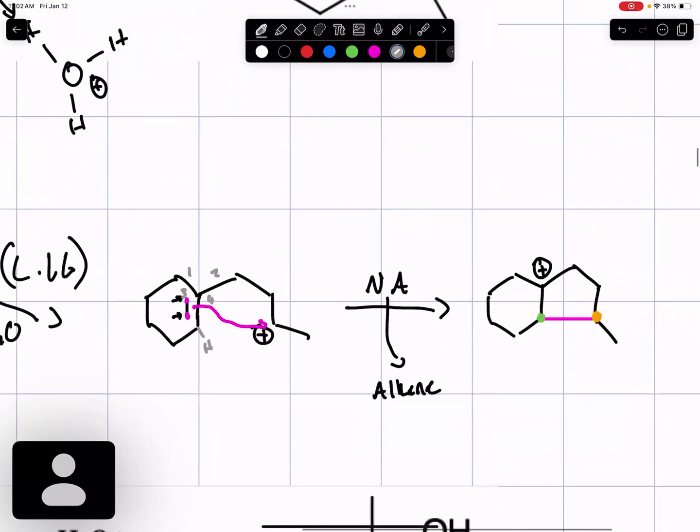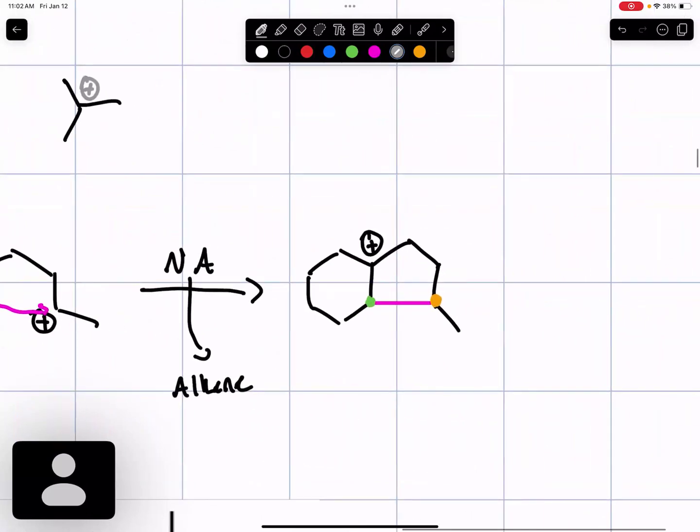Think about it in an alkene sense. Does this carbon in gray have any implied hydrogens? No. No, exactly. And once it loses that pi bond, so it didn't have any implied hydrogens to begin with, what would the charge be? It would be positive. Got it? So that's where the positive charge goes.